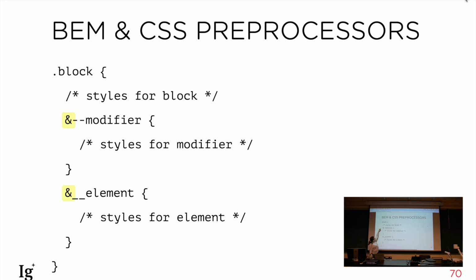You include CSS for modifier or for element into CSS for block, and then it knows that this should be transferred into block hyphen hyphen modifier, and this should be transferred into block underscore underscore element. So it all happens automatically. You do not write manually these classes.